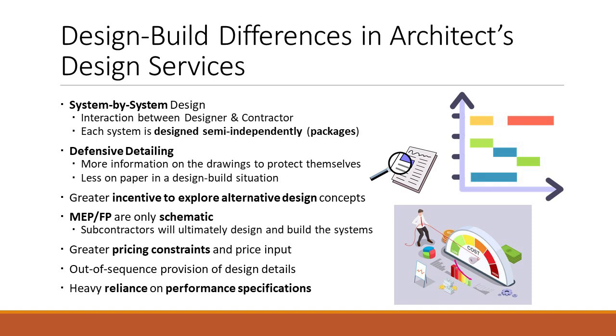So this could be a disadvantage of it. And then this last thing, heavy usual reliance on performance specifications. I wouldn't worry about that too much. That's kind of this concept that your mechanical, electrical, plumbing, fire protection is schematic. A performance spec is just saying it only needs to perform to a certain level. So those are some differences between design build and traditional.